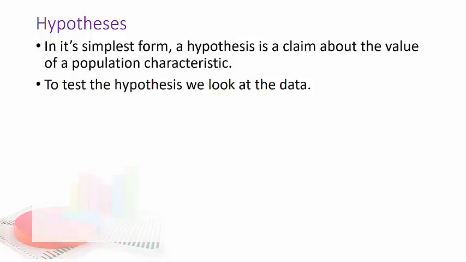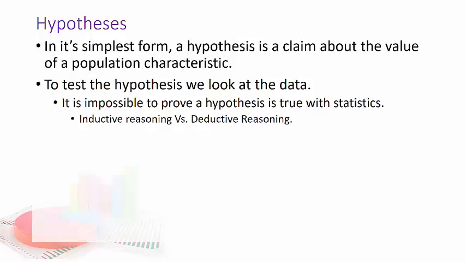Now, this is kind of like a jury trial in the sense that it is impossible to prove something is true with statistics. It's like inductive reasoning. In inductive reasoning, I could say, oh, all birds fly. It's very hard for me to prove that all birds fly because I'd have to look at all birds and see if they fly.